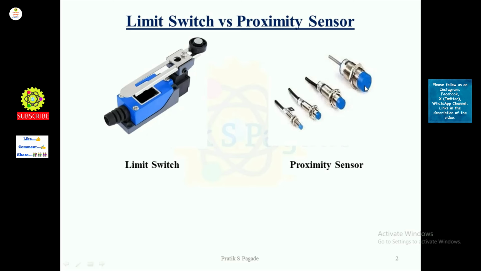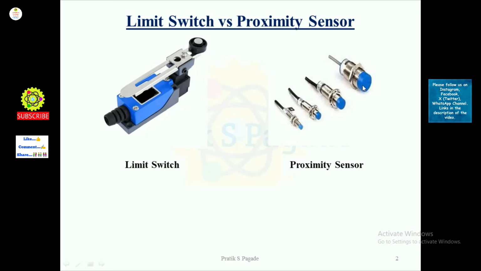That is, if OD is more, sensing range is more. When we lower the diameter or OD of the sensing element, the range of this proximity sensor gets lower.